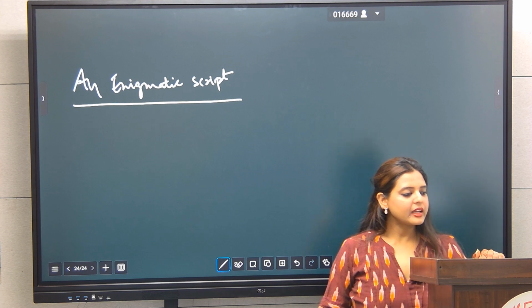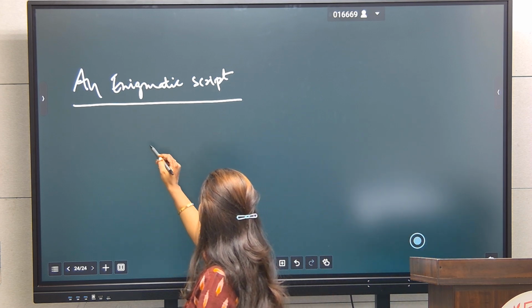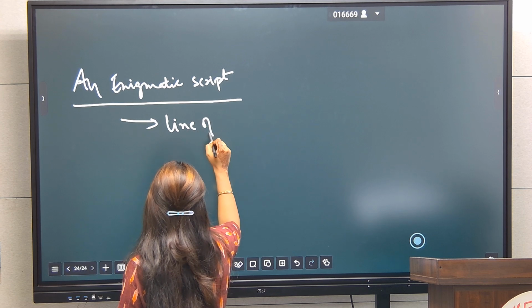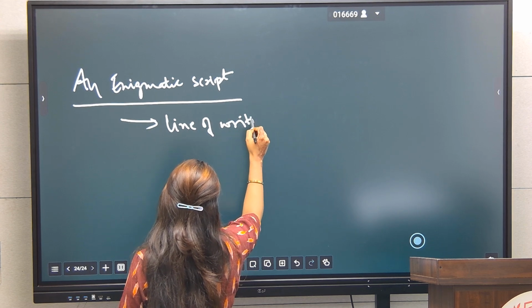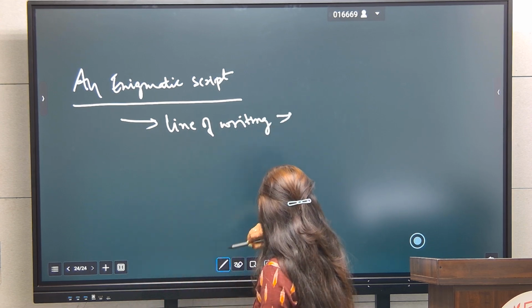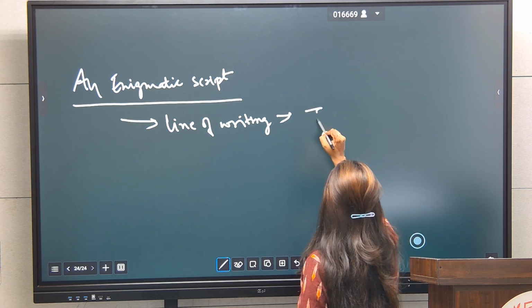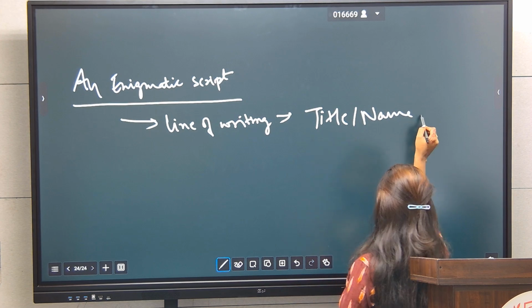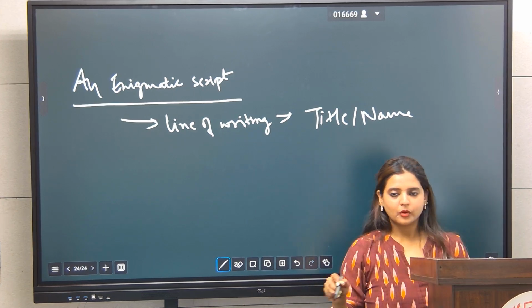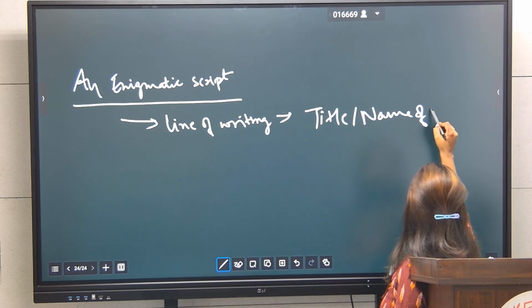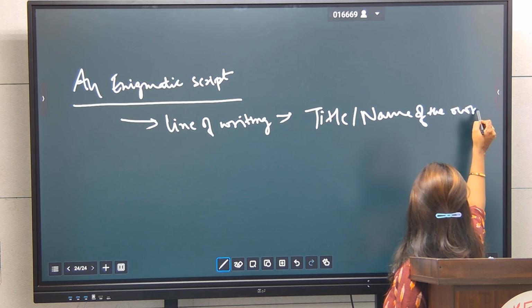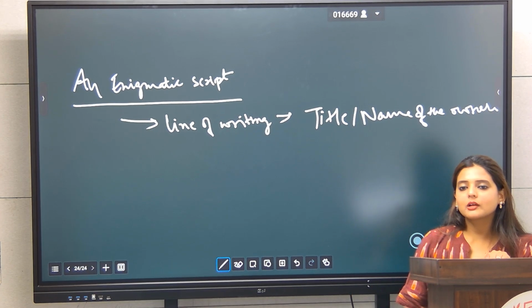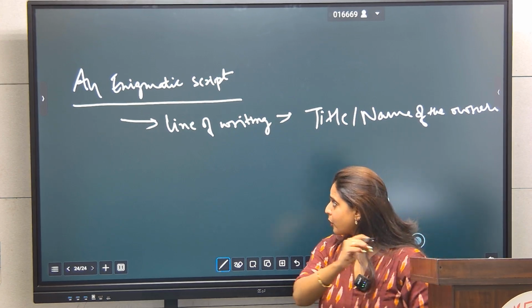They had a line of writing, which most probably meant the title or the name of the owner. And there were animal motifs for non-readers.